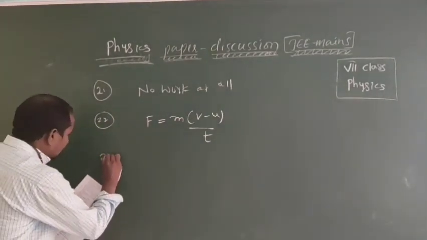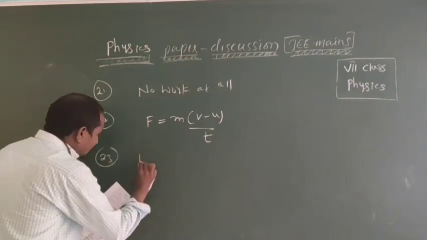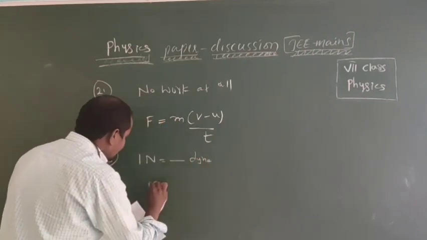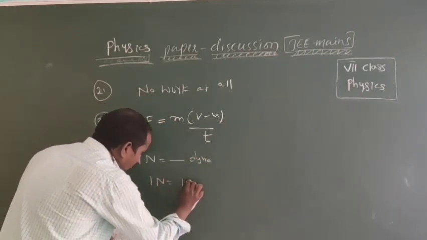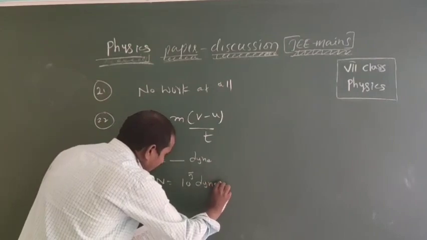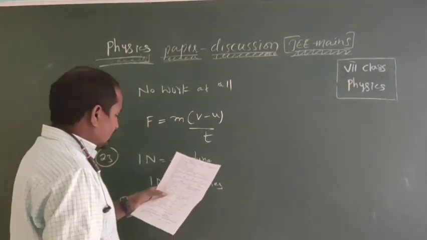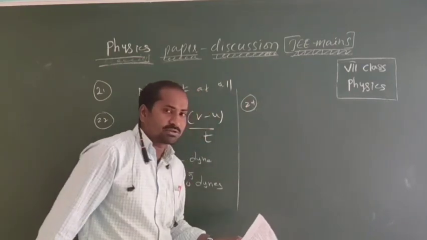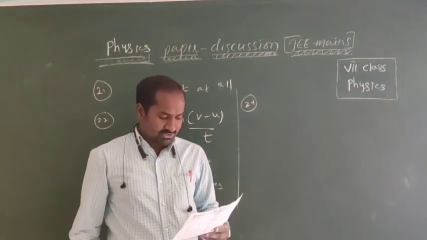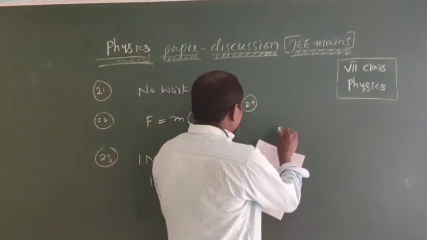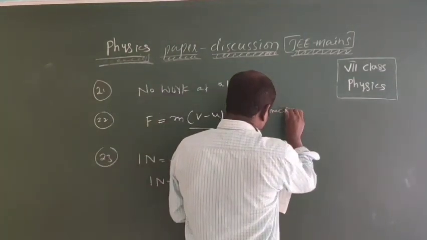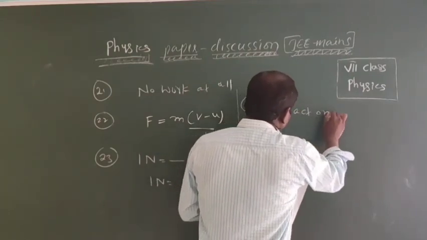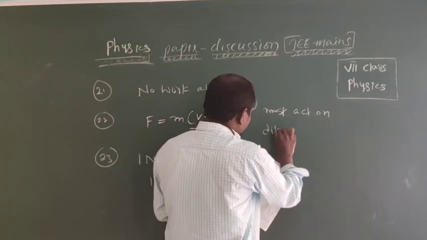Next one, 23rd one. 1 Newton equal to dash dynes. 1 Newton equal to 10 power 5 dynes. Next, action force and reaction force. According to Newton's law, action force and reaction force must act on two different bodies.